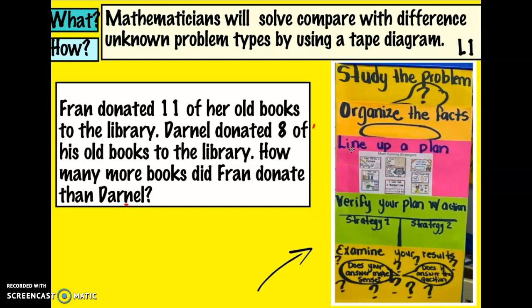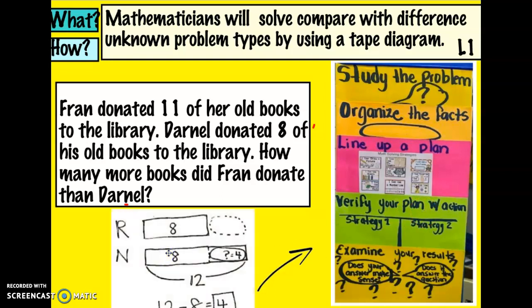What strategies can we use to solve the problem? Then we will verify our plan with action. Remember that one of our steps is going to be the usage of a tape diagram. And then last, we're going to examine our results, asking ourselves, does our answer make sense?